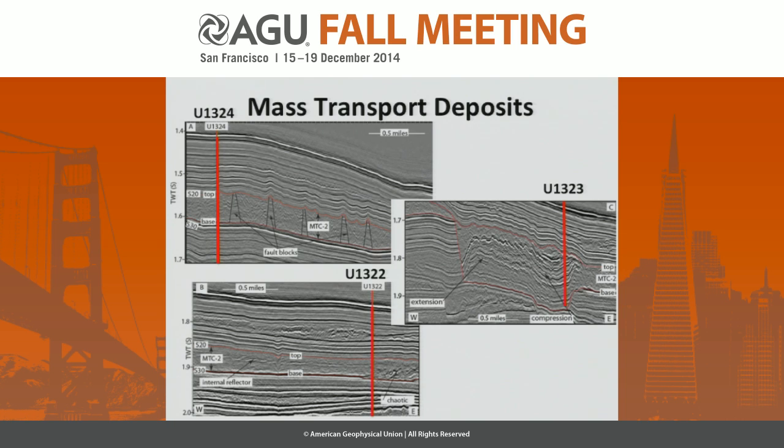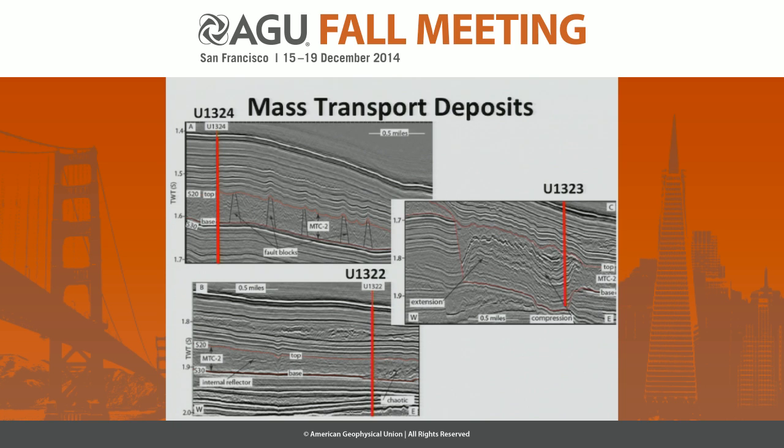Adjacent to that, we lose the coherent reflections. We see a lot of chaotic intervals, loss of reflectivity. What we think is that's remobilization of the sediment, massive folding, or potentially even complete restructuring of the sediment, indicating some kind of enhanced mobility and enhanced shear deformation at site U1324 and the west side of the margin.